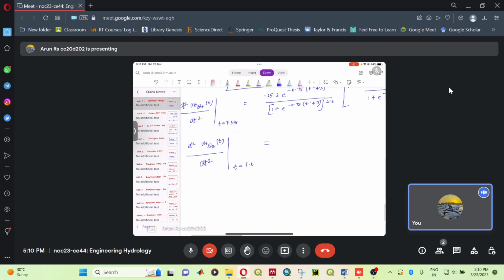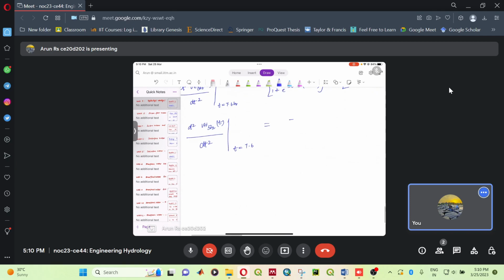So this is equal to, which is less than 0.